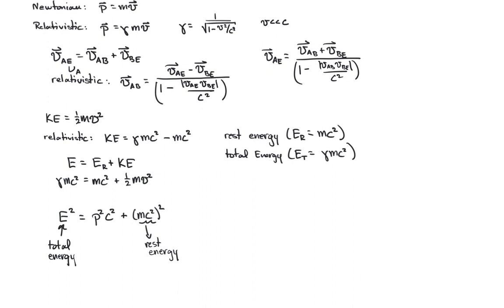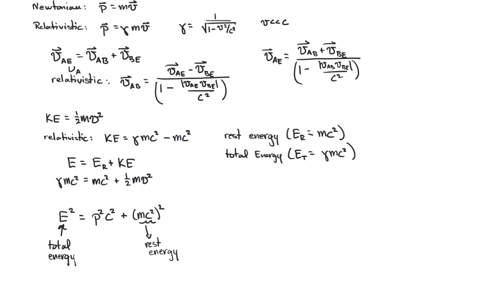And this fact, that if a particle is at rest, then E equals mc squared, lets us express mass in energy units. And the energy unit of mass is the electron volt. Often we use mega electron volts, meaning 1 electron volt times 10 to the 6th.